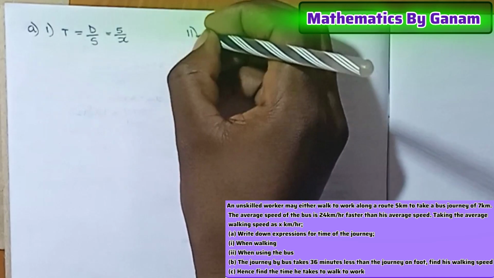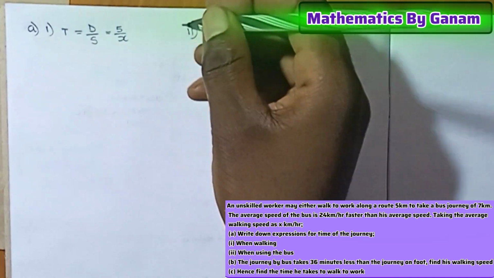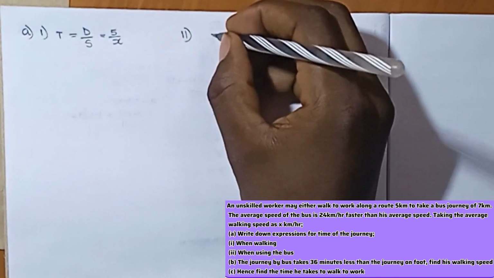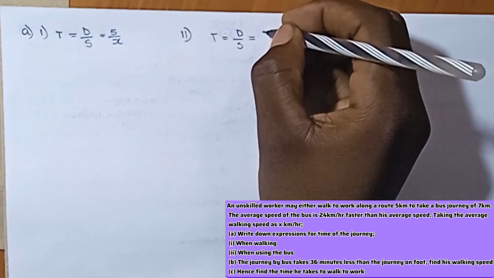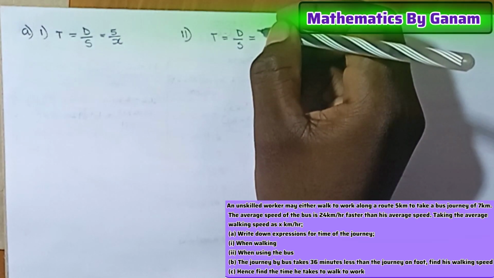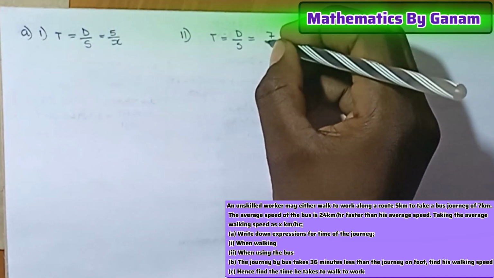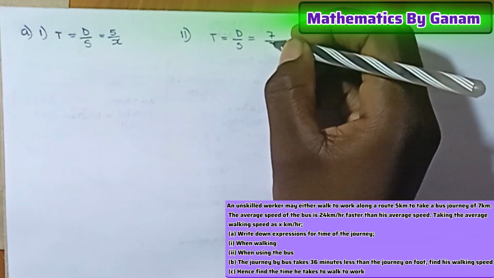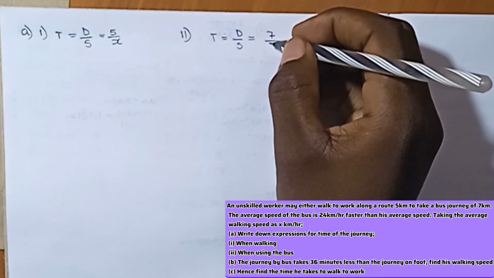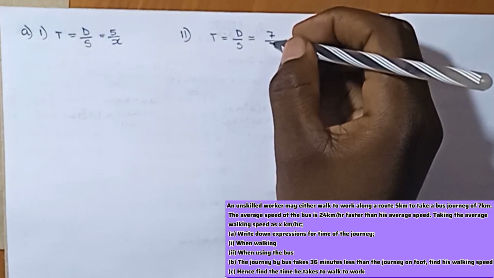In Roman 2, when using the bus, time taken is equal to distance over speed. The distance while using the bus is 7 kilometers divided by the speed. We have been told that the average speed of the bus is 24 kilometers per hour faster than his average speed.